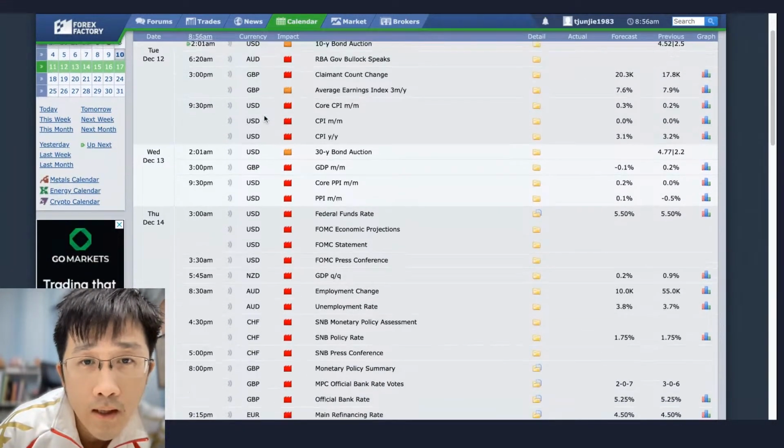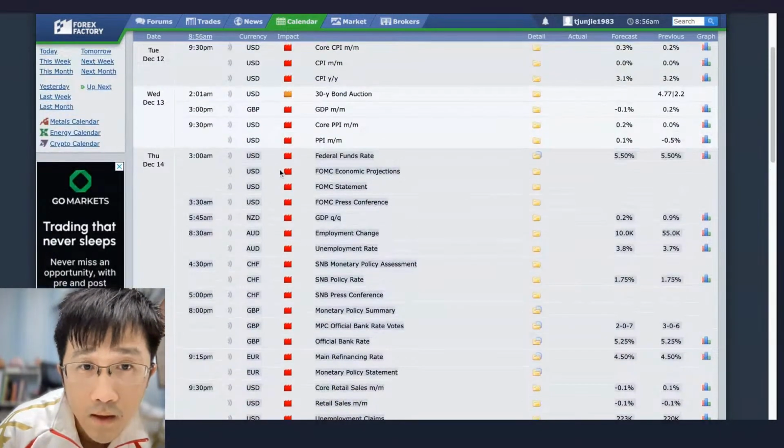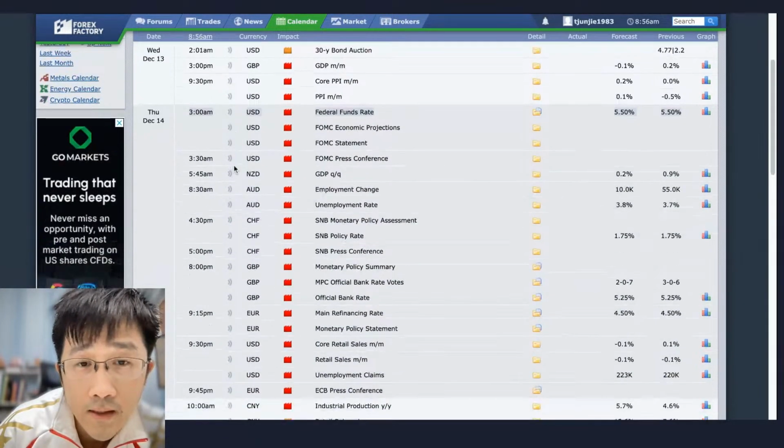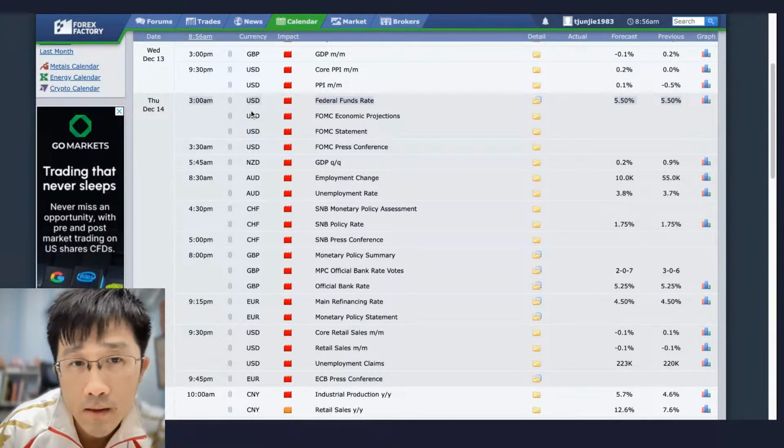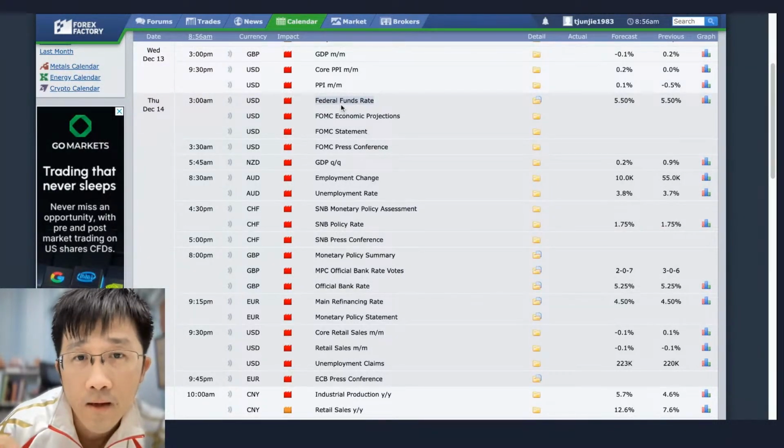For this week, I see that Thursday itself is a crazy day. For the sake of simplicity, we have the US dollar side, the federal fund rate, which will affect mainly everything in the world.